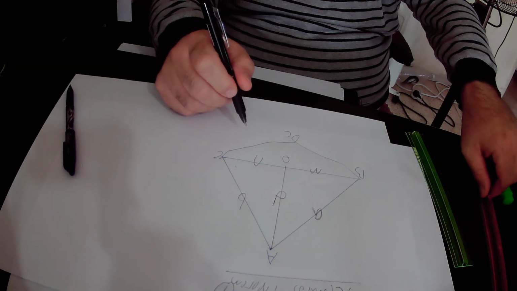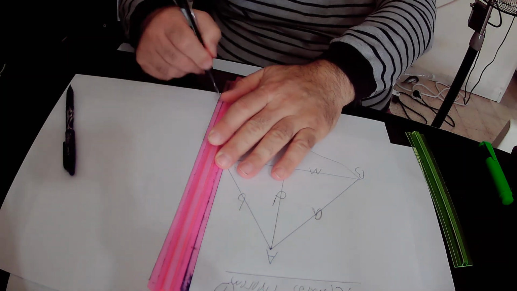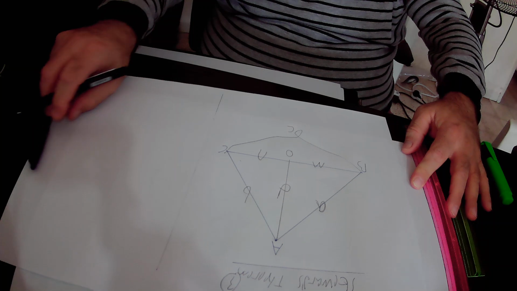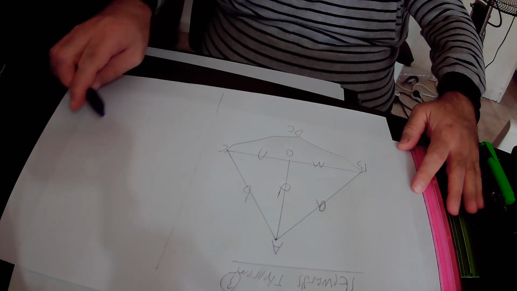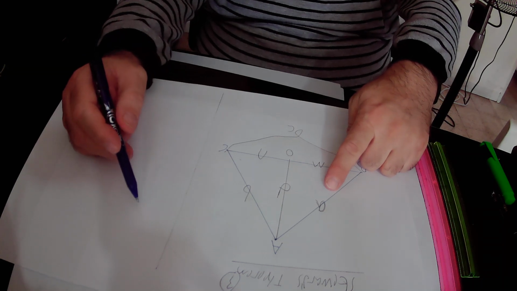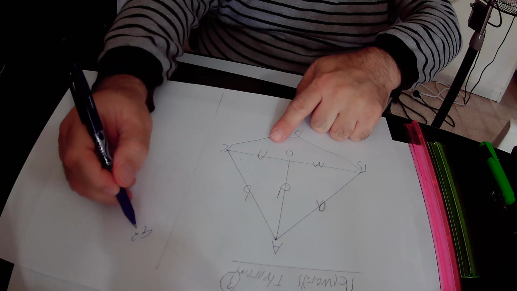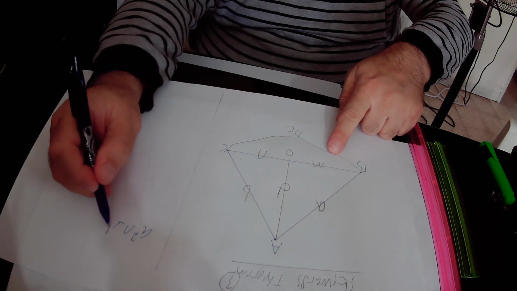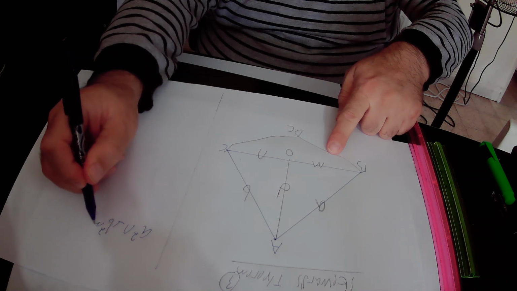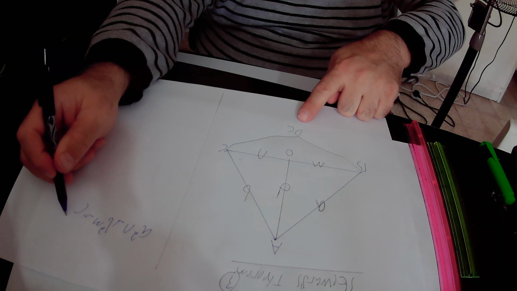Then, according to Stewart's theorem, the following equation is true. a squared times n plus b squared times m equals c, and we open the brackets here.